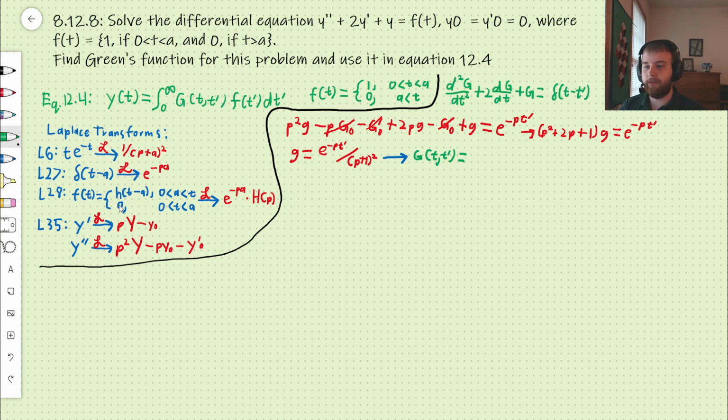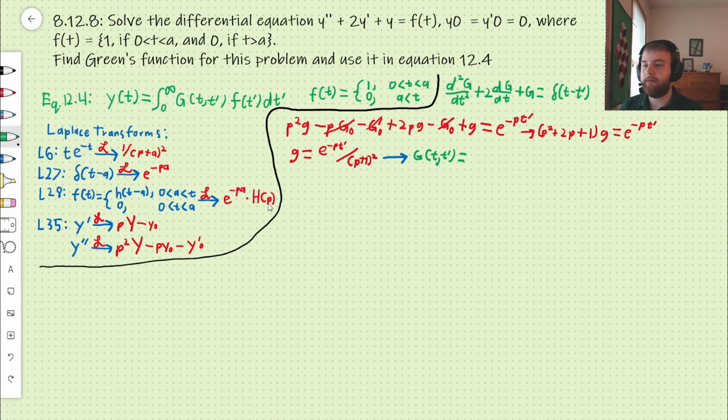So this is the first thing we have to apply. Our h of p is 1 over p plus 1 all squared. So we need to find the inverse Laplace transform of that, and then we can stick it into this situation here.